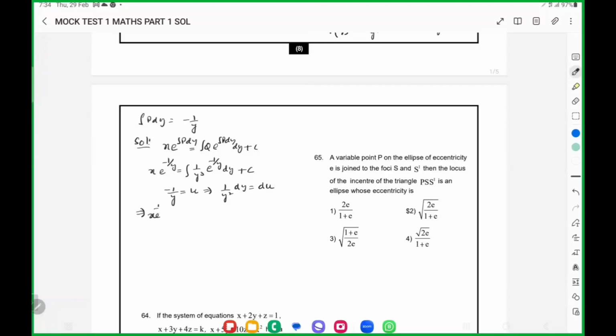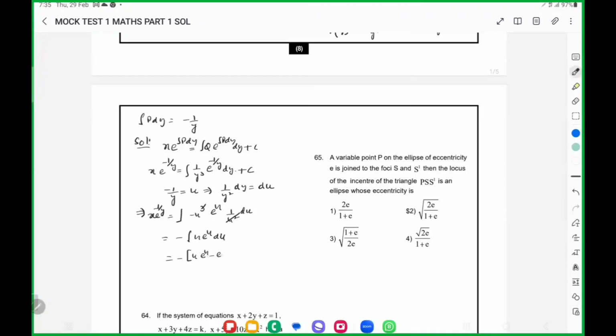So x e power minus 1 by y is the integral of 1 by y cubed e power u, where dy is y square dy, which is 1 by u square du. You get a cancellation, giving minus e power u du.